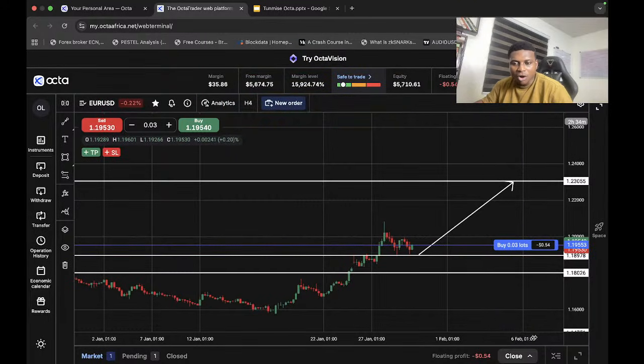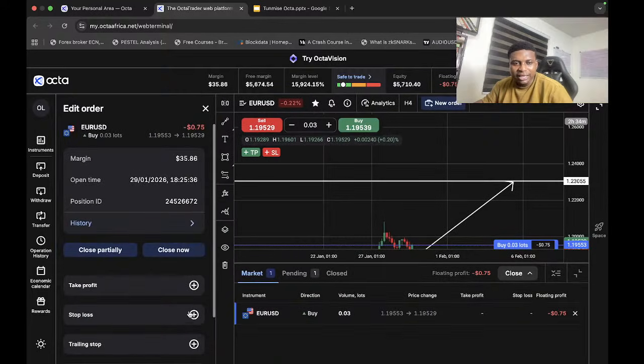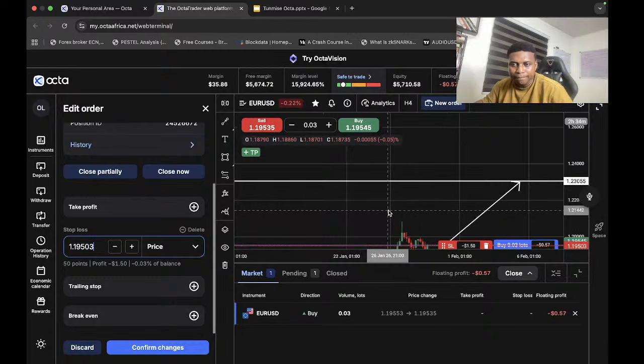All right, off this buy position we are going to set a stop loss order.